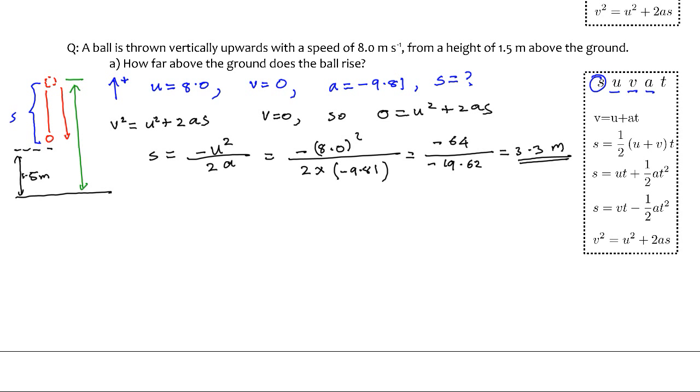But again, because I'm interested in the distance from the ground, this height h, h is equal to 1.5 plus 3.3, and that is 4.8 meters. So if I'm measuring it from the ground rather than from the point where the ball was released, the height the ball rises to is 4.8 meters.